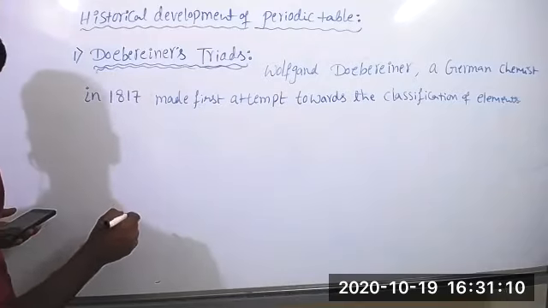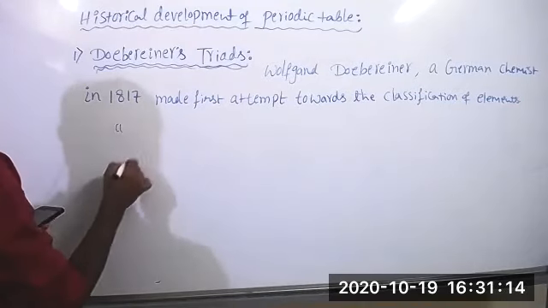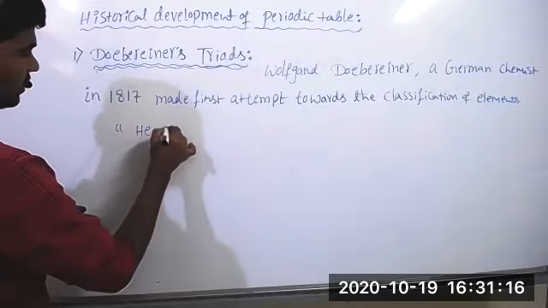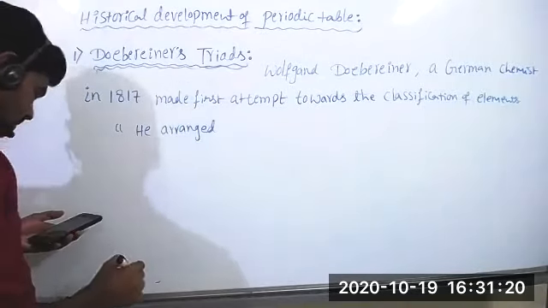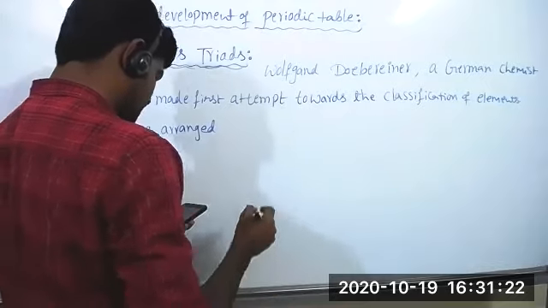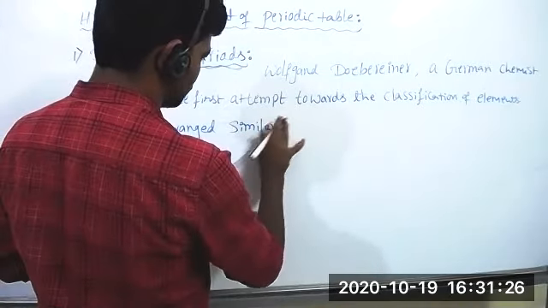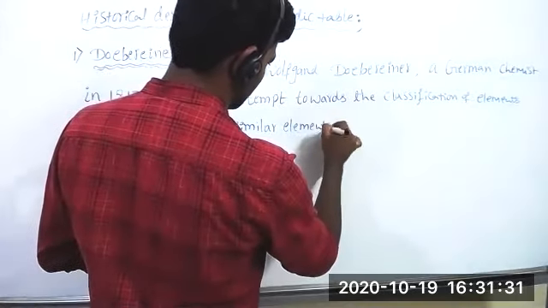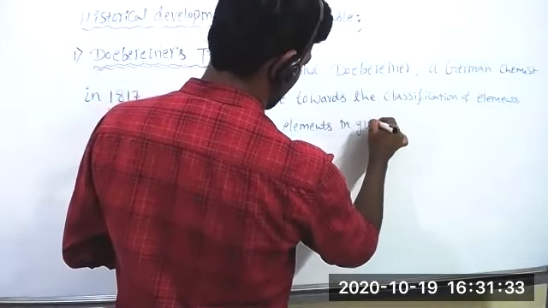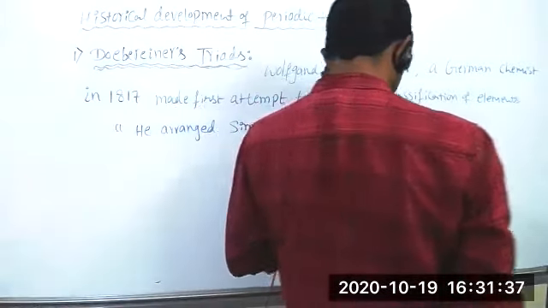So he arranged similar elements in groups of 3.